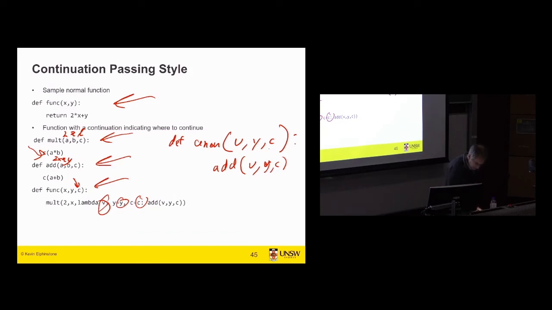Okay, so that will add 2x and y, and then we'll call whatever the continuation happened to be there originally. So you can see what we've done now is we've basically broken this up into a 2x, a call to a plus y, and a call to wherever we want it to finish up. So we've basically broken it up into different continuations, and the continuation is where we'd like to go to when we're done.